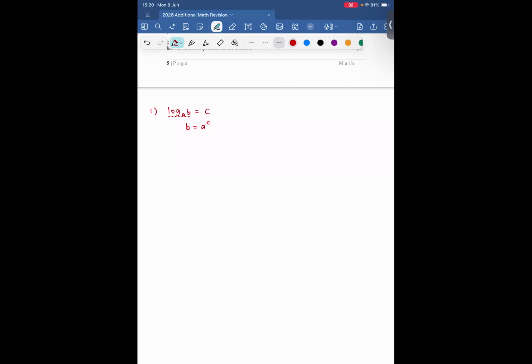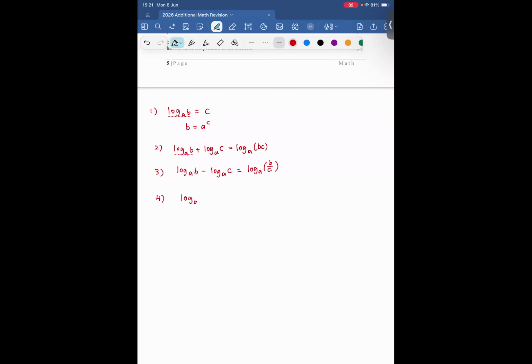Okay, after that, what you need to have: log base A of B plus log base A of C. If the base is the same, it becomes log base A of B times C. Number 3, log base A of B minus log base A of C will give you log base A of B divided by C. Okay, what else we have?